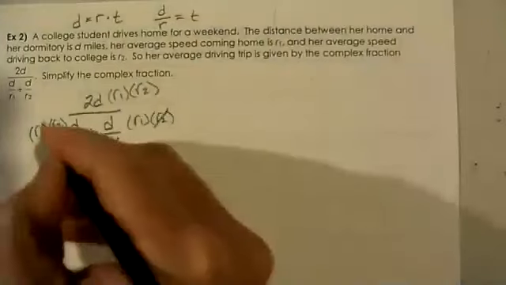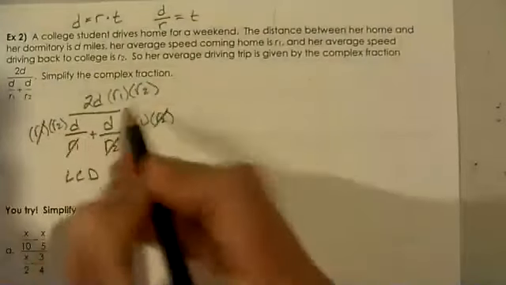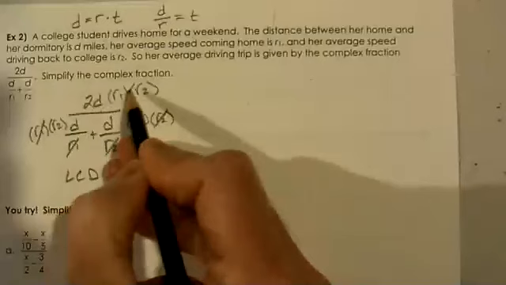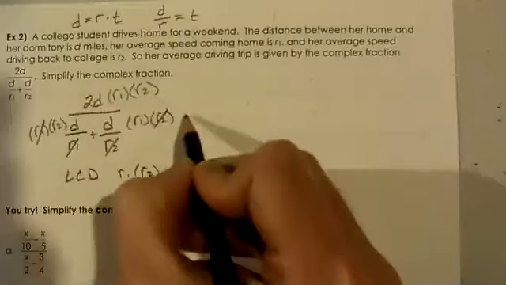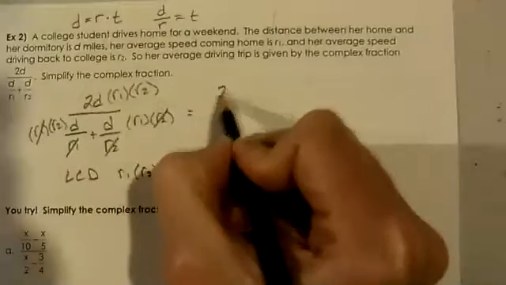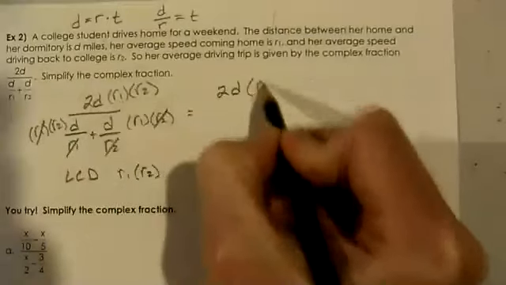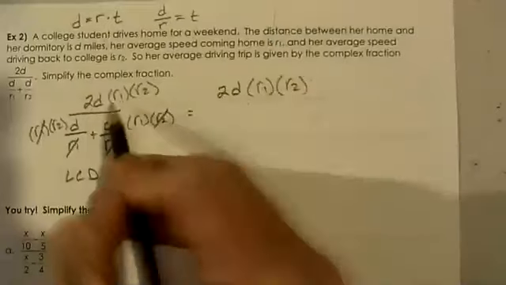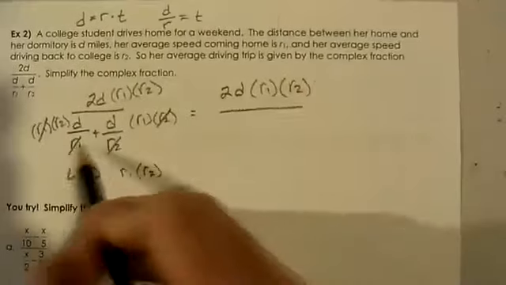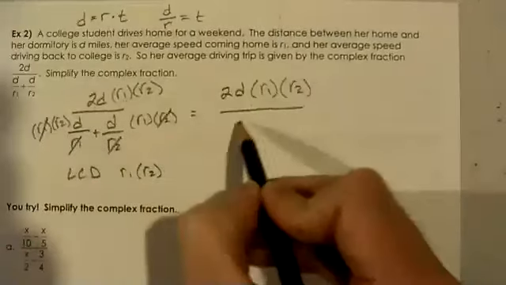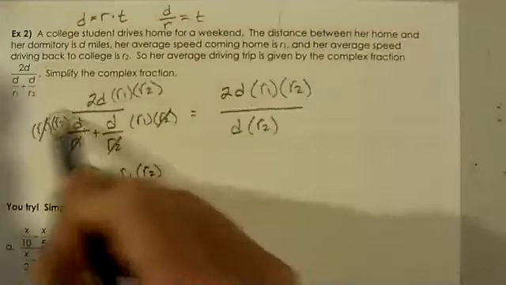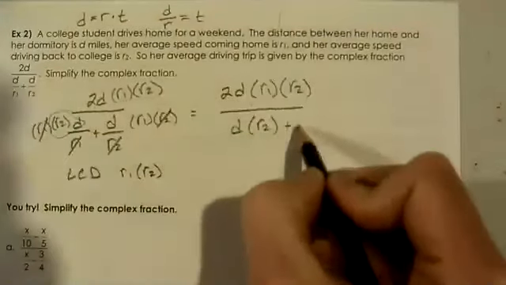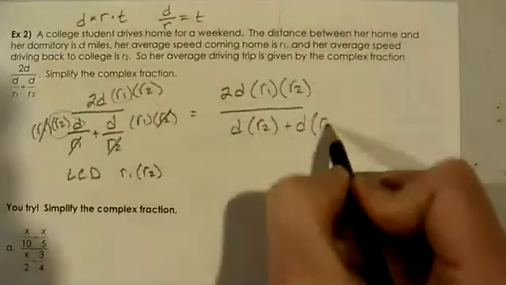Here they cross out, here they cross out, nothing crosses out there because we don't have a denominator to cross it off with. So this is 2D R1 R2. Nothing crosses off. Here we get D times R2, and we get D times R1.